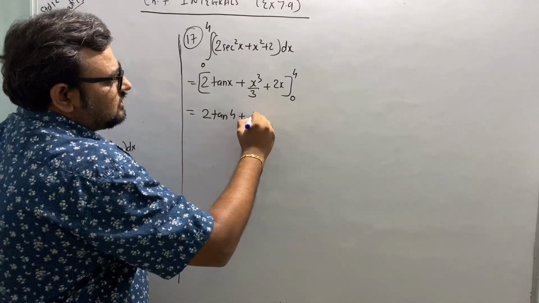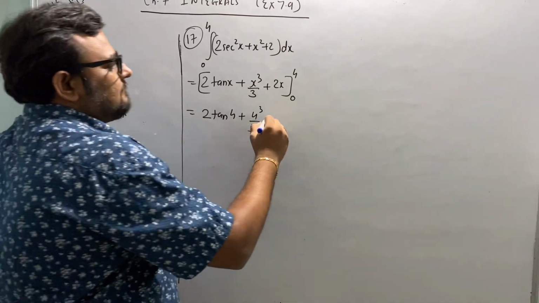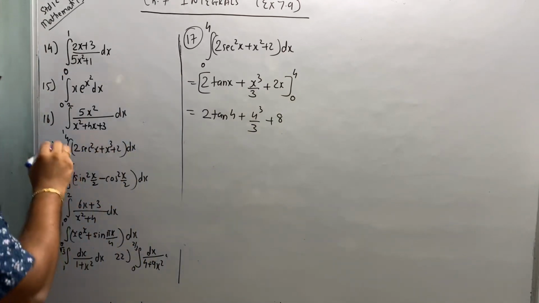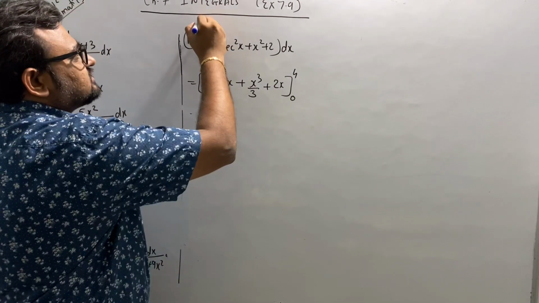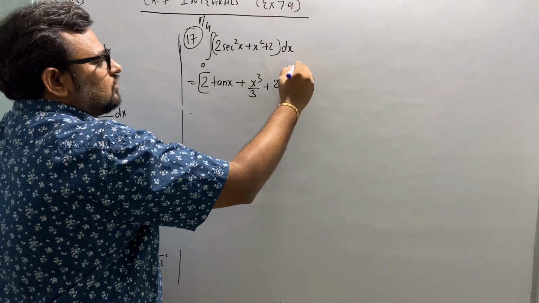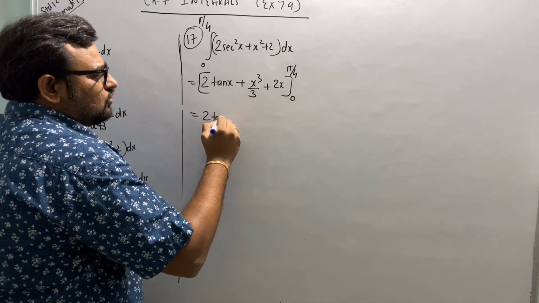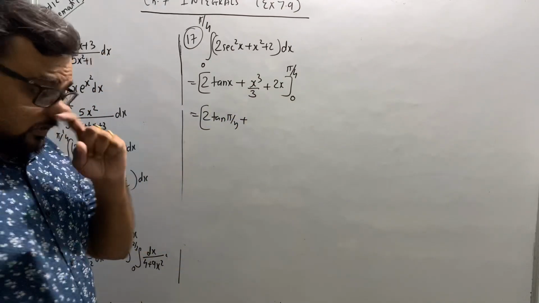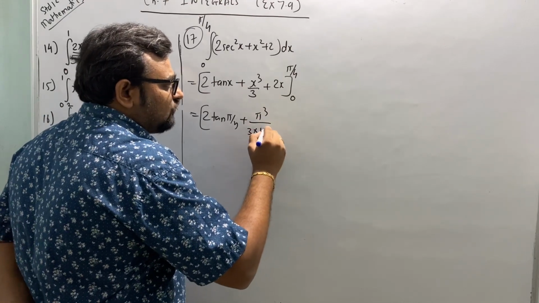Plus 4 cube by 3, plus 4, okay, that is a mistake. It's pi by 4. Sorry. It's pi by 4. So the question says pi by 4. So now it's 2, 10, pi by 4 plus pi cube upon 3 into 4 cube.